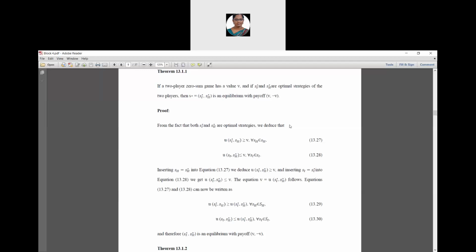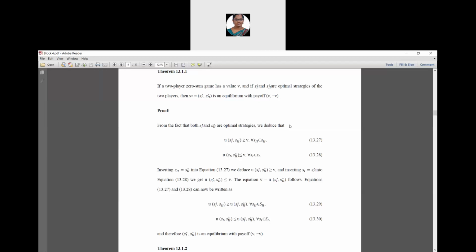And one more thing is there, U of S1 comma S2 star is less than or equal to V for all S1 belongs to S1. So here S2 is equal to S2 star in equation 13.27. We have to replace S2 is equal to S2 star, and what do you get?